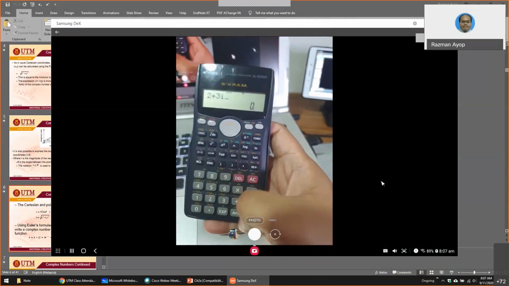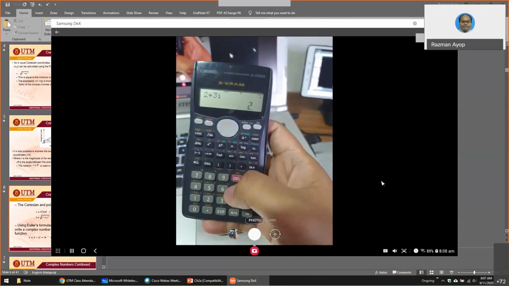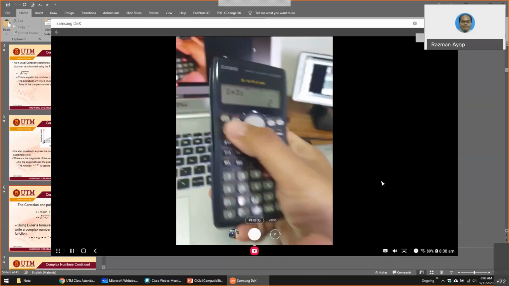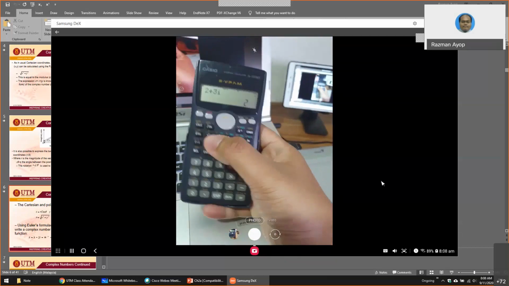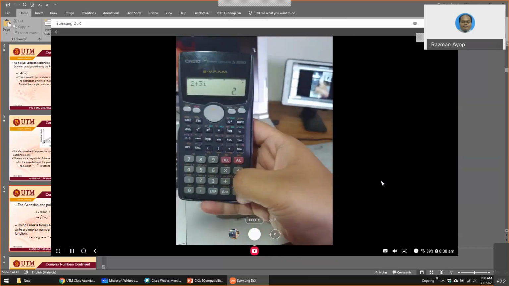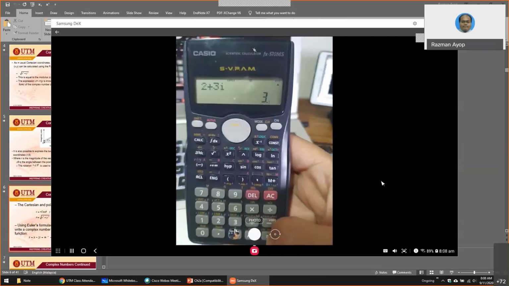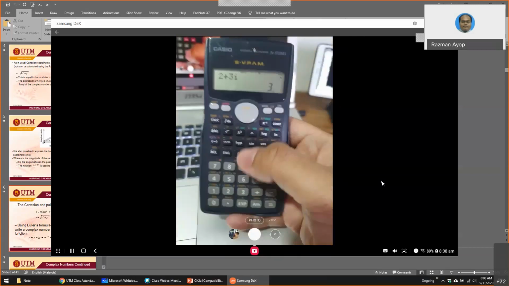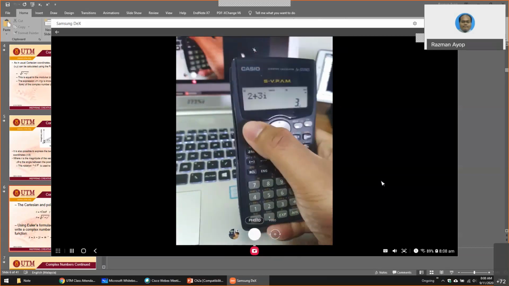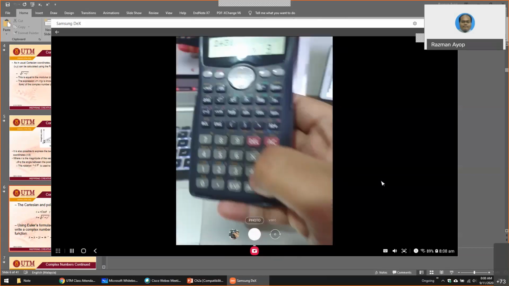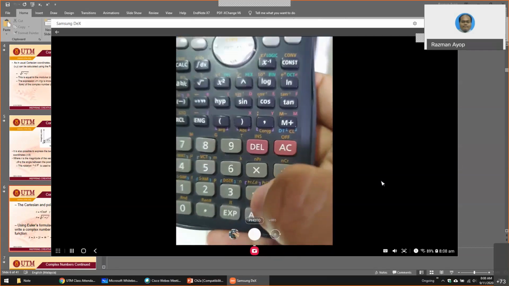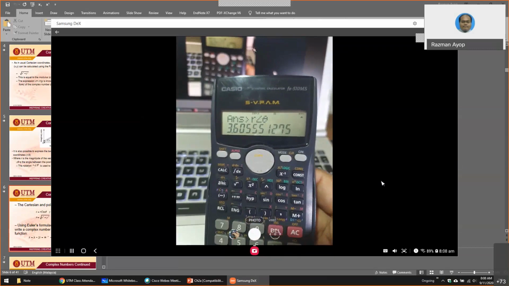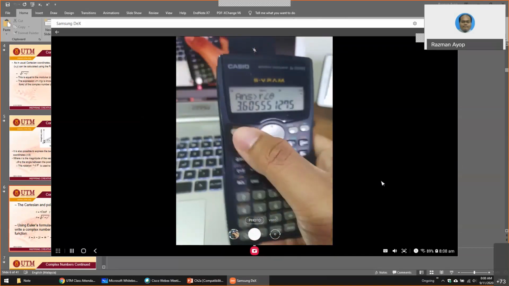How to convert this to polar form? You can see 2, and to see the imaginary part, you just press shift equals, and you get the imaginary part. You can see that there is an i here. So how to convert this? Just press shift and this plus. You will get it like this. Then equals, and you automatically get the R, and then the angle is 56.31.